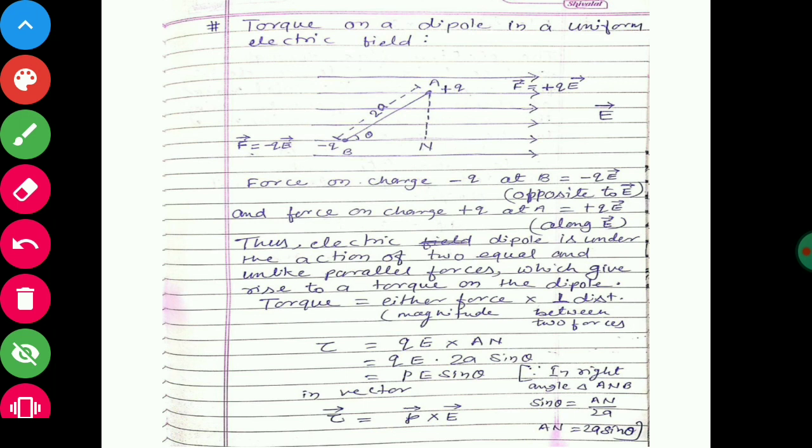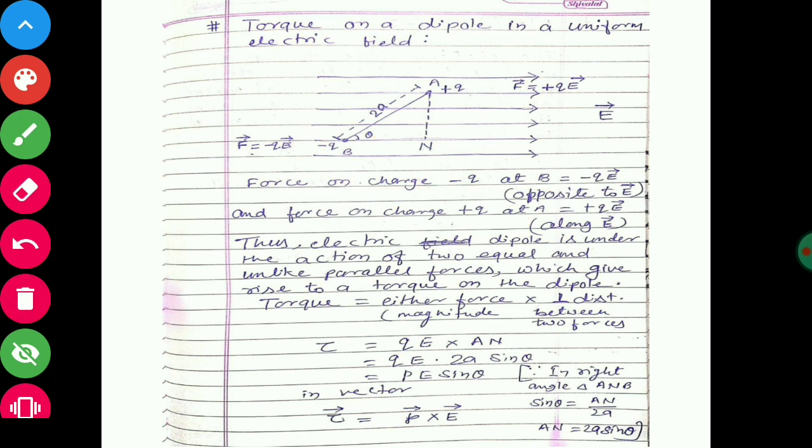I'll explain again. Force on negative charge at B is equal to minus QE, which is exactly opposite to the electric field intensity, and force on plus Q at A is equal to plus QE, which is along the electric field, meaning its direction is the same as the electric field.